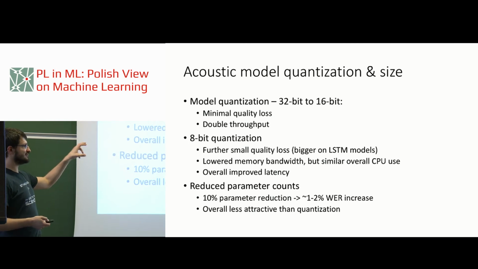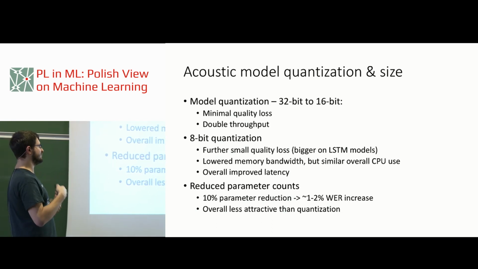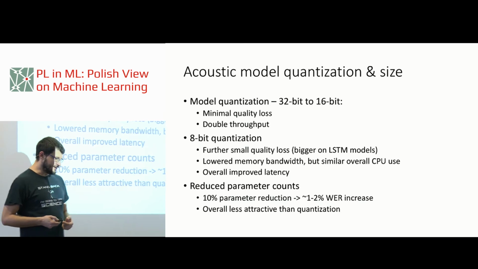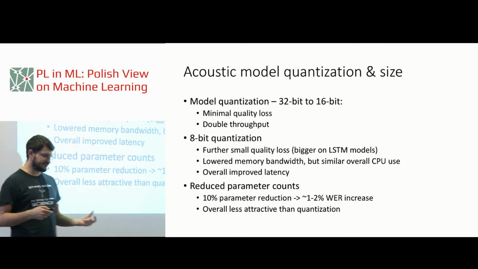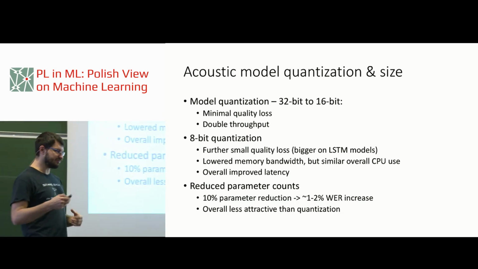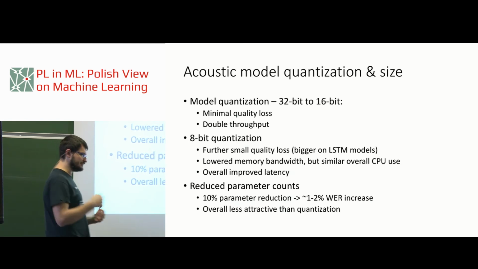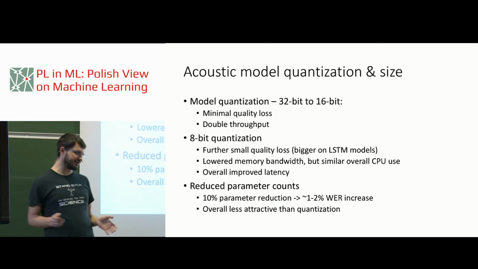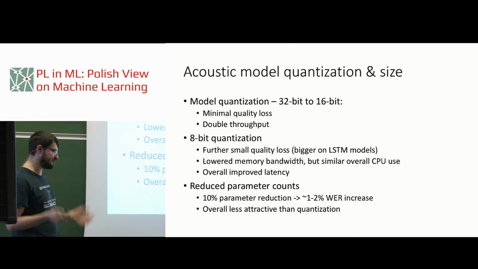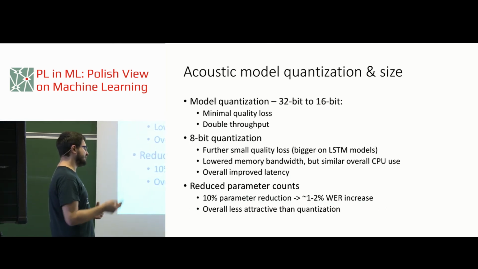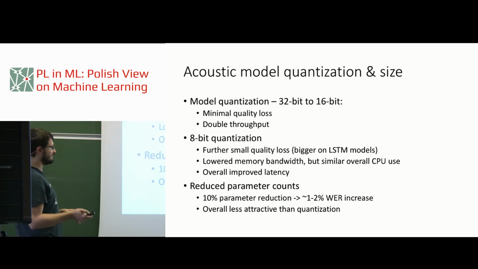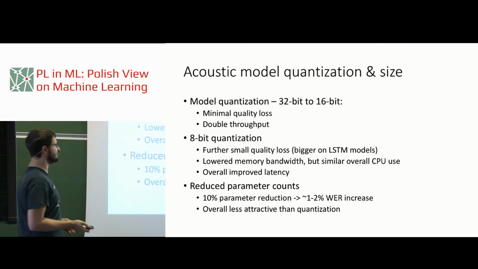However, that was before frame stacking. Frame stacking actually cuts down the bandwidth 3 times, right? So that was the actual reduction that helped. And it's interesting to compare those optimizations to simply reducing parameter counts or hyperparameter tuning, because if we reduced the number of layers or just shrunk the number of nodes in each layer, if we reduced 10% of parameters, we were seeing a 1 to 2% word error rate increase.